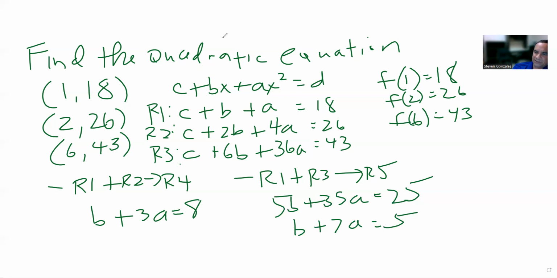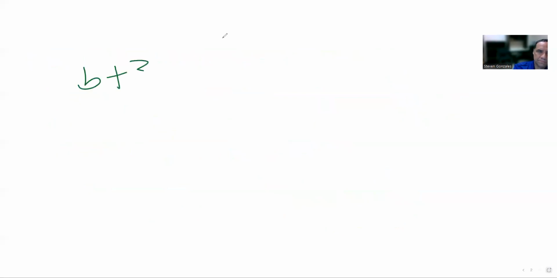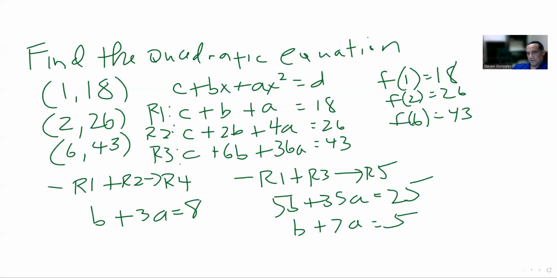Now I'm going to take those two that I made and create another system, but I'm going to go to another whiteboard. So I have B plus 3A is 8. And B plus 7A is 5.